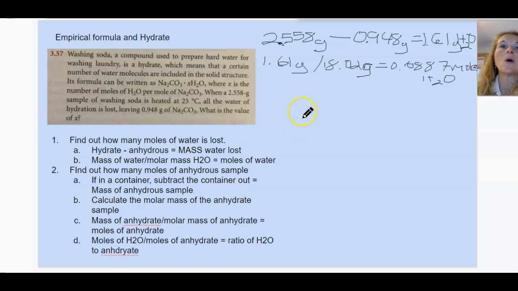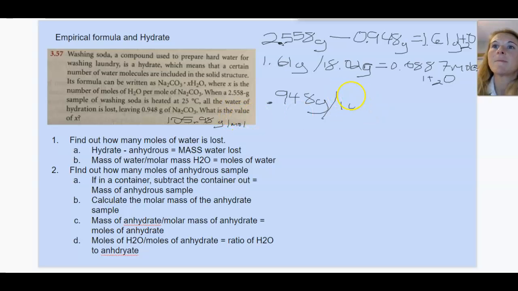Okay, so we're going to calculate the moles of the anhydrous sample. So we know that our anhydrous sample weighs 0.948 grams, and we're going to divide that by the molar mass of sodium carbonate, which I'm going to write over here, 105.98 grams per mole.